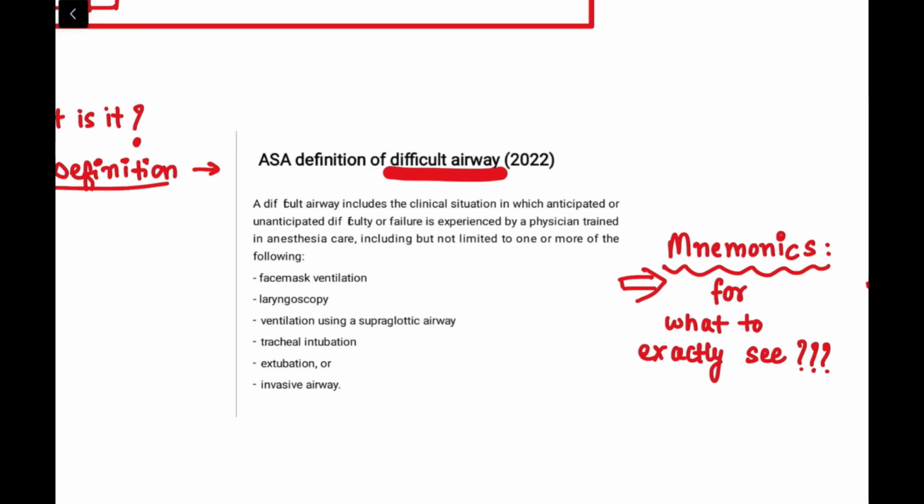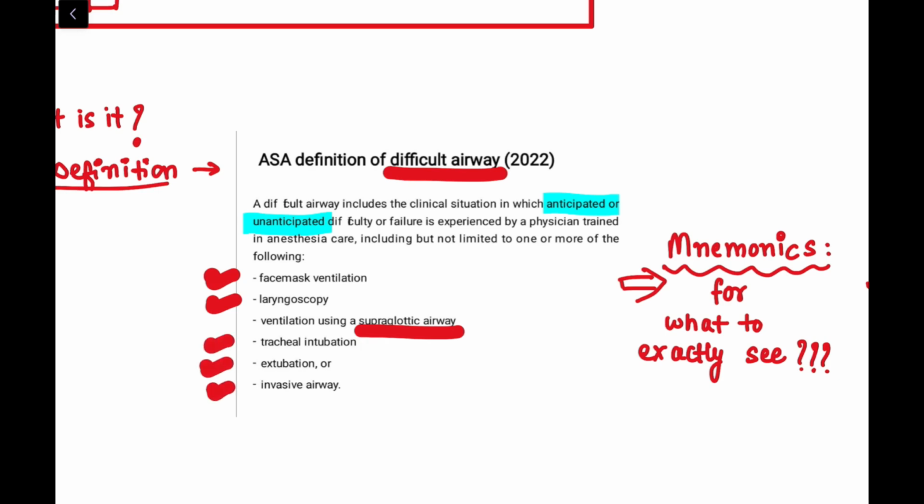Difficult airway, according to the ASA, includes the clinical situation in which anticipated or unanticipated difficulty or failure is experienced by a physician trained in anesthesia care, including but not limited to these following factors: face mask ventilation, laryngoscopy, supraglottic airway, intubation, extubation, or invasive airway.